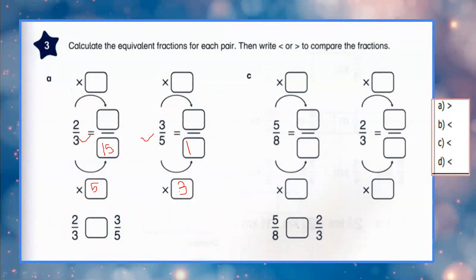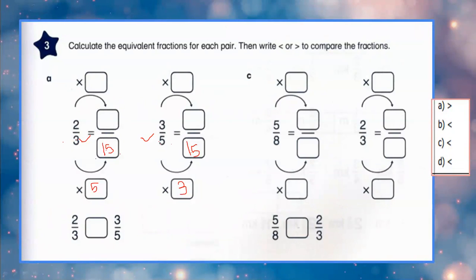What comes? 15. Yahoo! I am able to make the denominator the same in both. The strategy I am applying is changing 3 by multiplying by 5, and 5 multiplied by 3, the opposite, and definitely we get the same number.